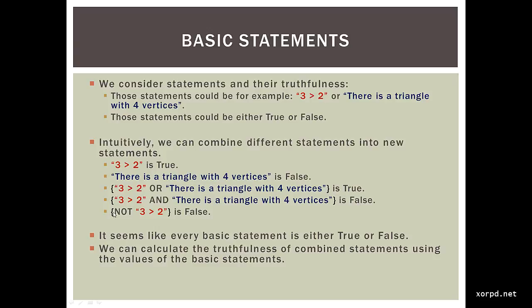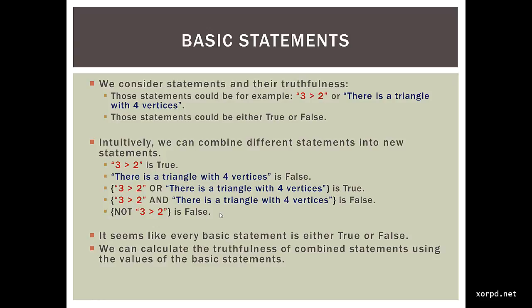Another example. Here we can see the NOT operator. The NOT operator is just some kind of an inverse on the statement. It turns true statements into false statements and vice versa. So, because this statement, 3 bigger than 2, originally is a true statement, when we take the NOT of this statement, we get a new statement which is a bit more complicated, and its value is false.